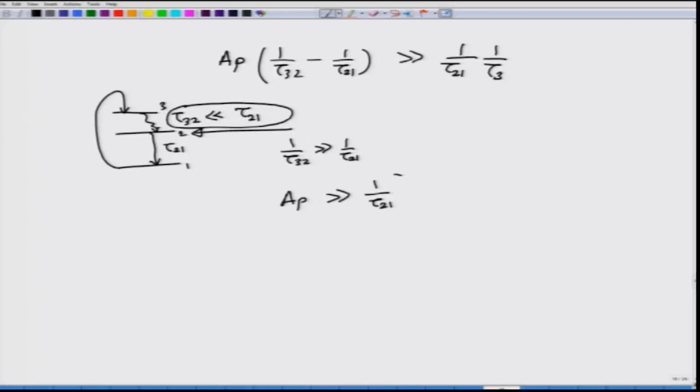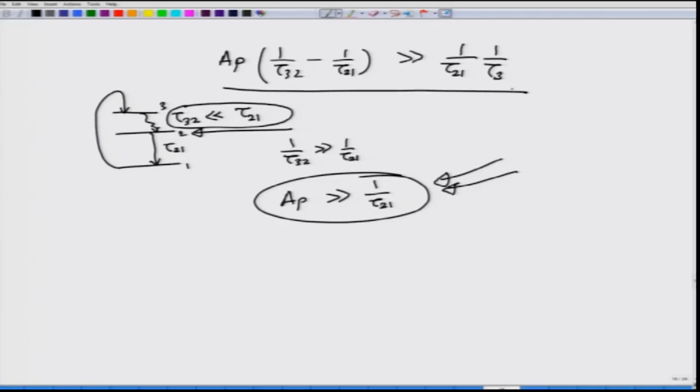So, what you actually see is that the condition on the pumping rate is that it has to be much larger than 1/tau 21. This is an important condition, and if you are not clear about one or two points, please go back and solve this equation for yourself. Impose the condition that tau 32 is much smaller than tau 21, and you will be able to get this expression.